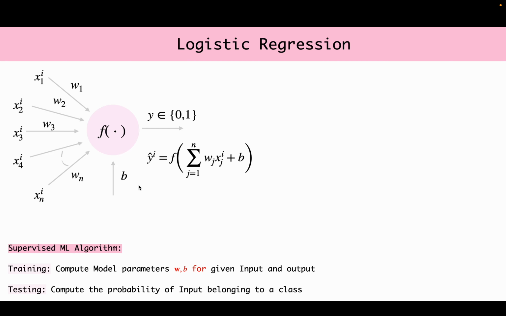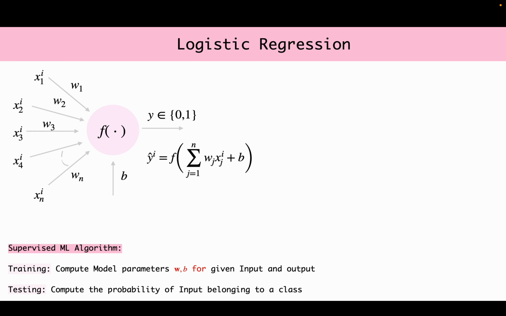During the testing stage, we will be computing the probability of a particular input belonging to a particular class. So towards the end, for a given test input, we get a probability stating that the input belongs to class 0 or class 1.